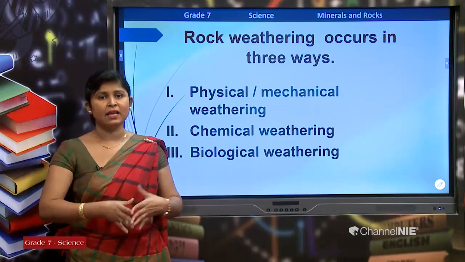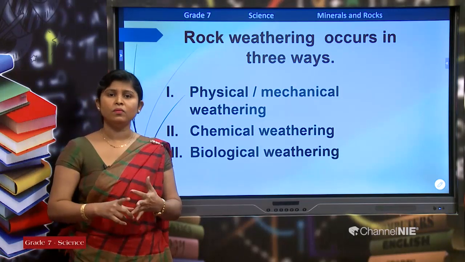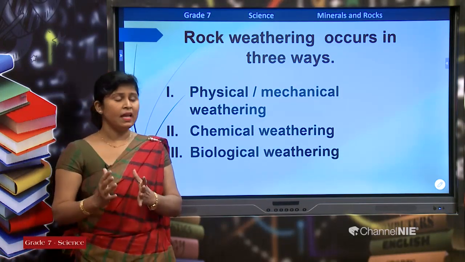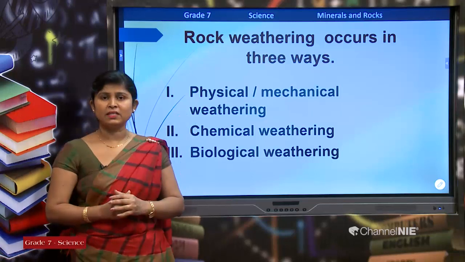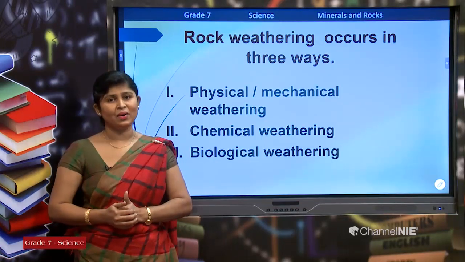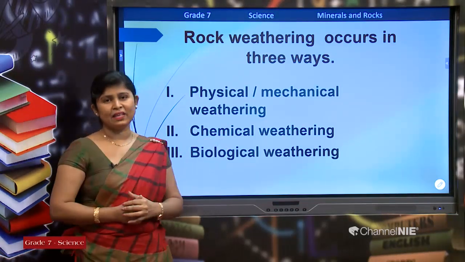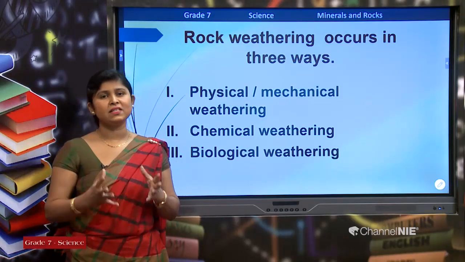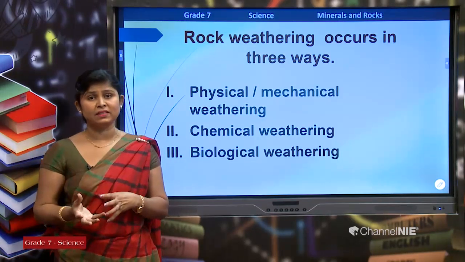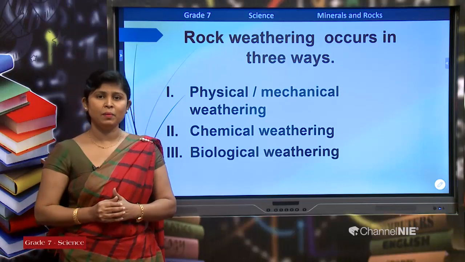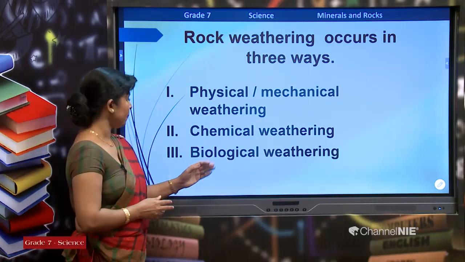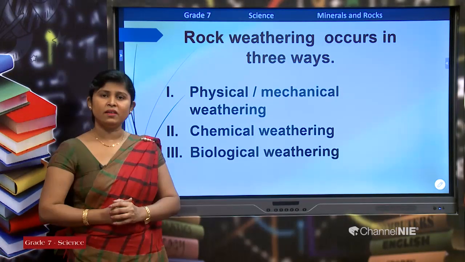Physical or mechanical weathering means the weathering of rocks that is taking place just because of physical factors like temperature, wind, flow in water, like that. There are physical factors affecting the weathering of rocks. Then chemical weathering. Due to chemical reactions, the rocks get weathered. That is known as chemical weathering. Third one, biological weathering.